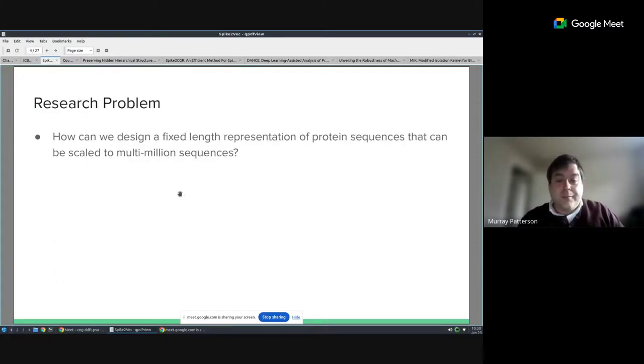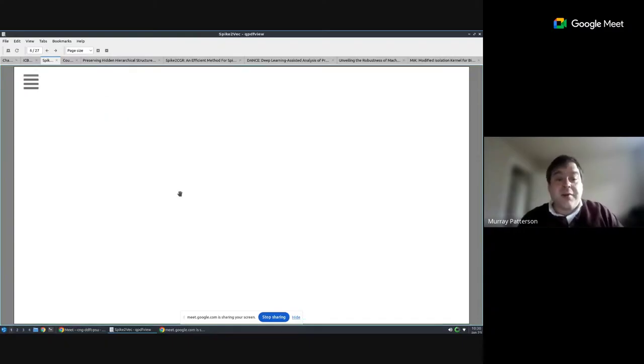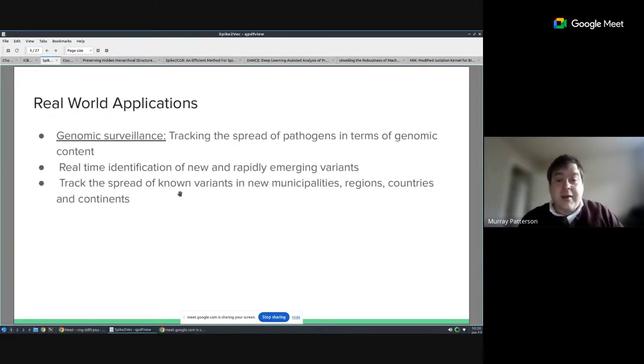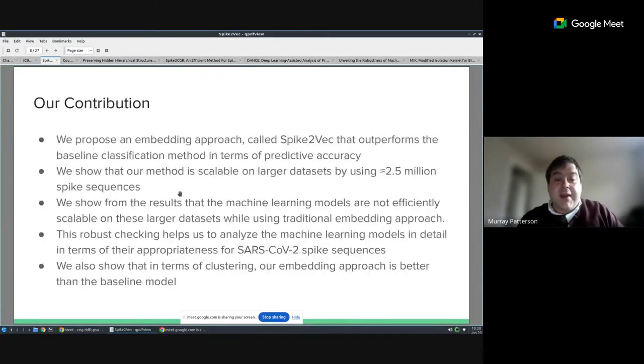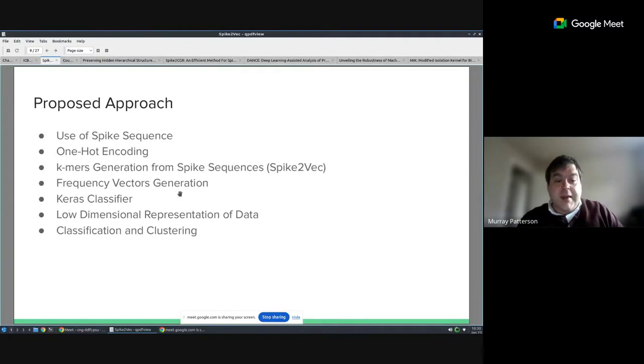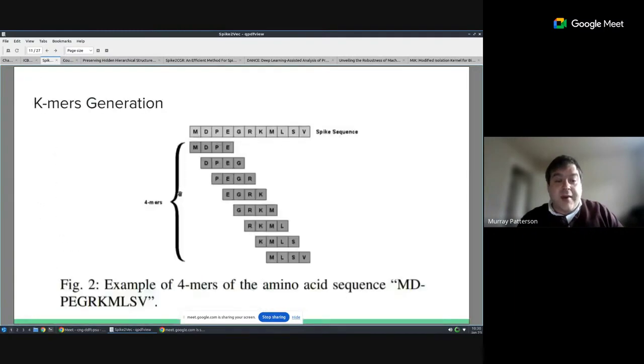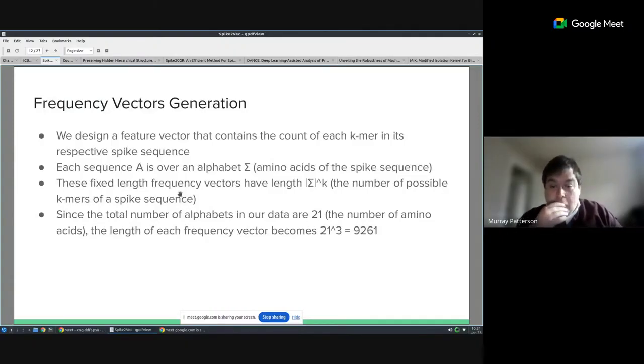The problem was, can we design a representation that allows us to scale to millions of sequences? The approach was again just k-mers, and then a few other techniques to reduce the dimensionality of that representation, and it really worked out, right?